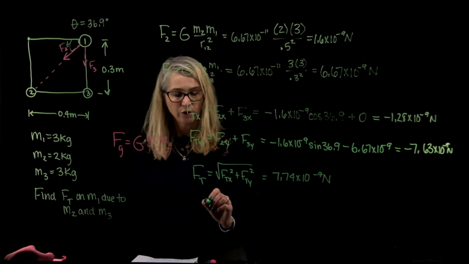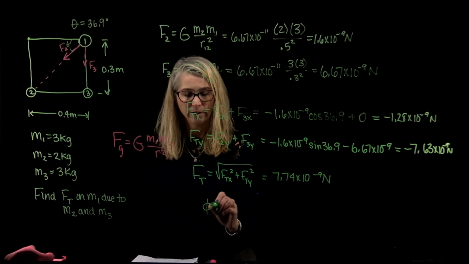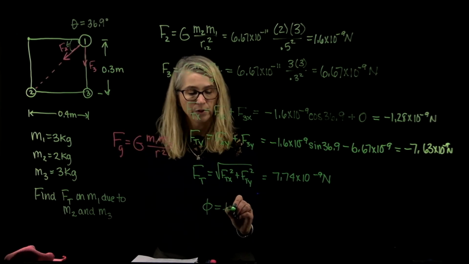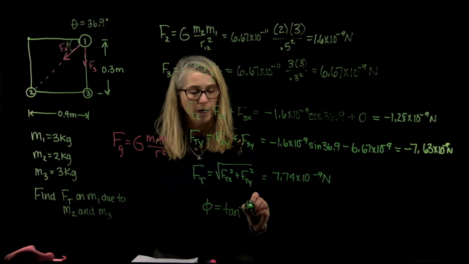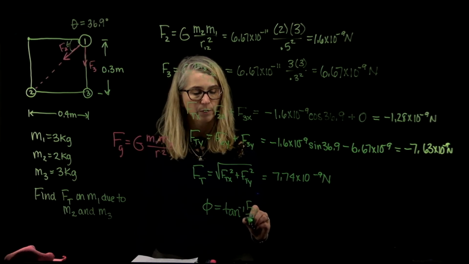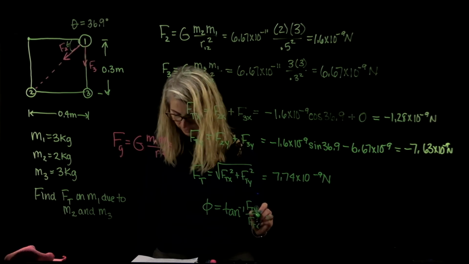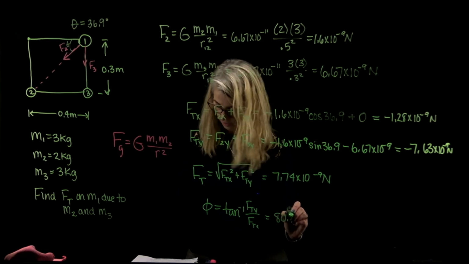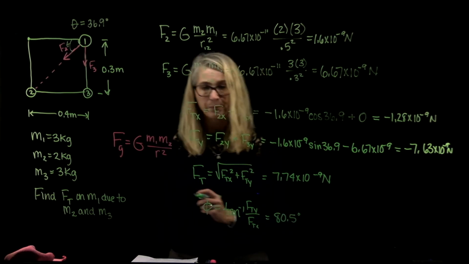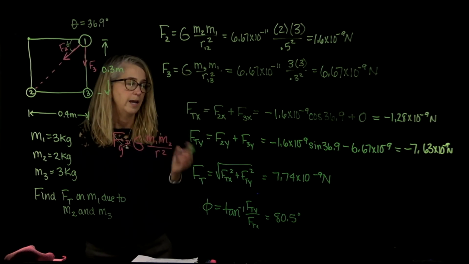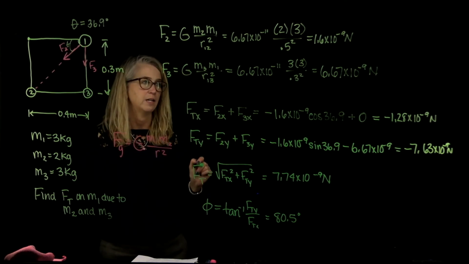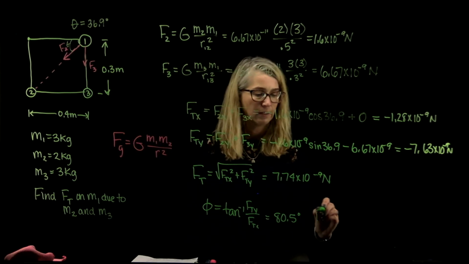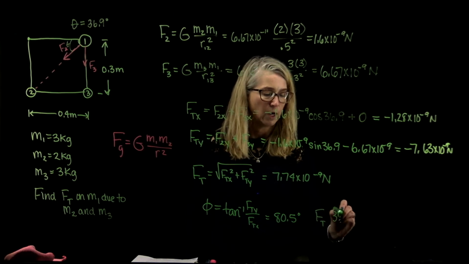If I want to find the direction, I'm going to call it phi so that I don't confuse it with that angle theta. It's going to be the inverse tangent of the y component over the x component. And when I do that, I get 80.5 degrees. Now, I actually had a negative x and a negative y, and so I know that my F is in the third quadrant.